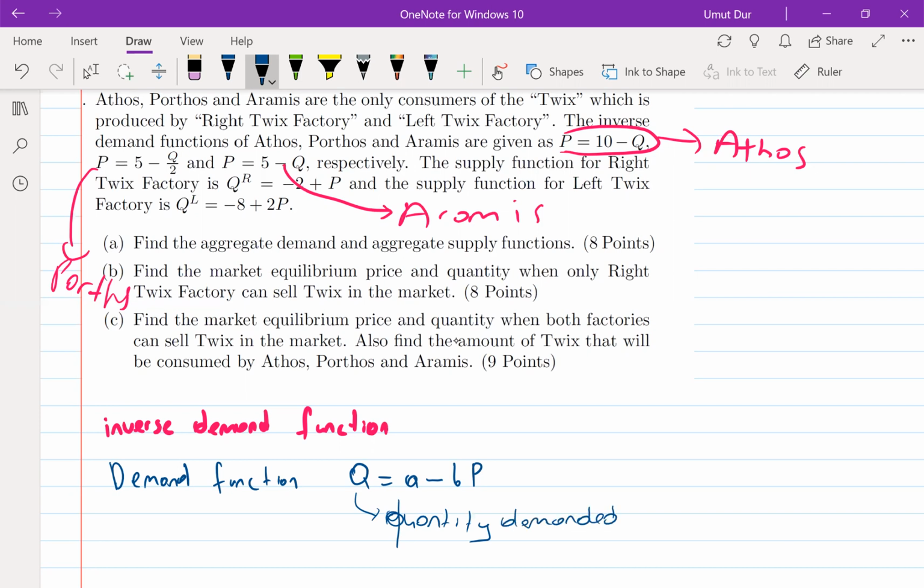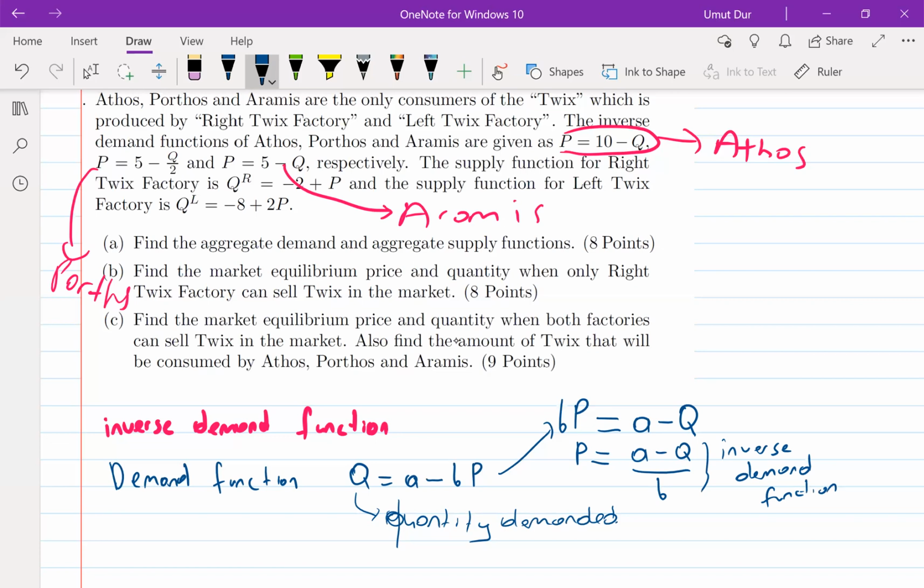Now I will turn this into the inverse demand function, which means that I will write price in terms of the quantity. So I'm taking BP on the left hand side, and I am taking Q to the right hand side, which becomes A minus Q. I want to leave P alone, so I will divide both sides by B. Okay, so this will be the inverse demand function.